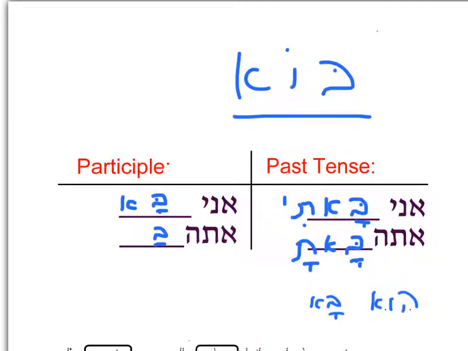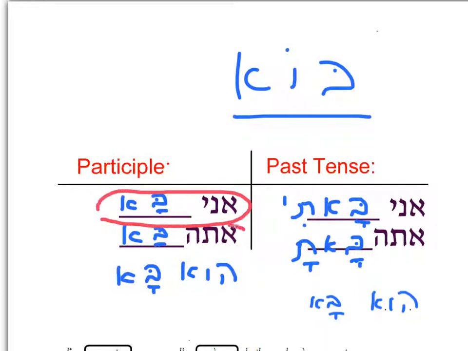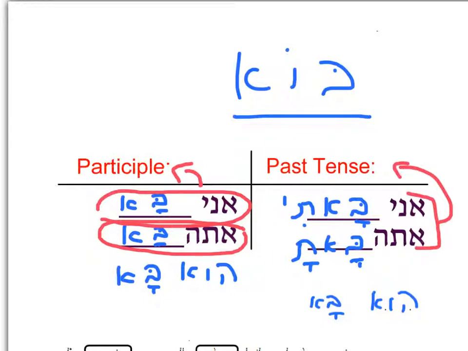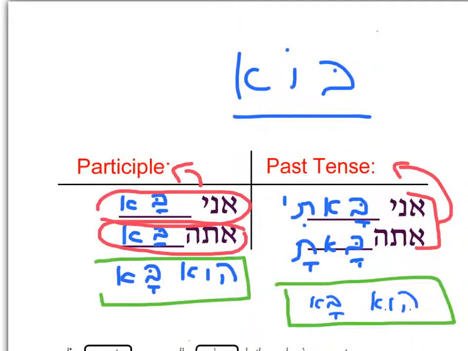Therefore, if I ever see a pasuk that says ani ba, anochi ba, or ata ba, it has to be a participle. If I saw ani bati, ata bata, I know it has to be past tense. My only major question comes when I'm dealing with who. Is huba going to be past tense, or is huba going to be a participle?